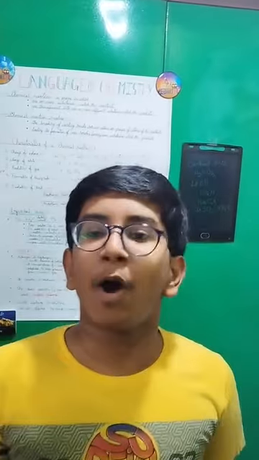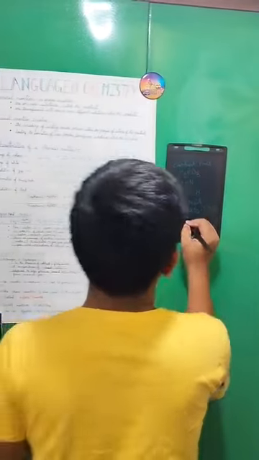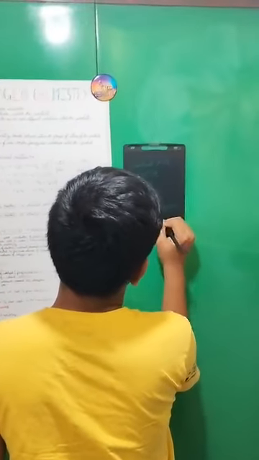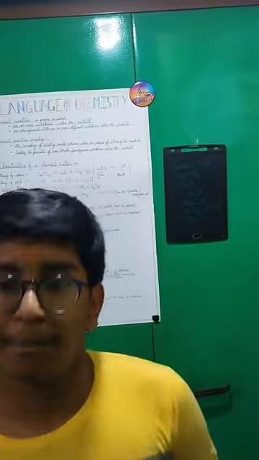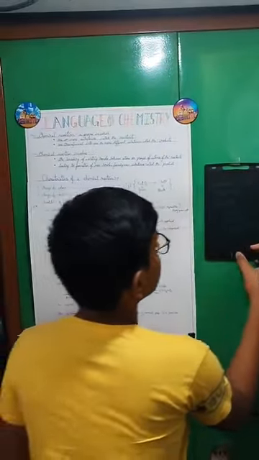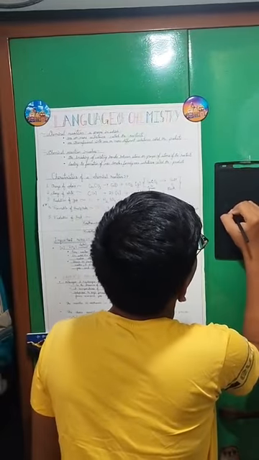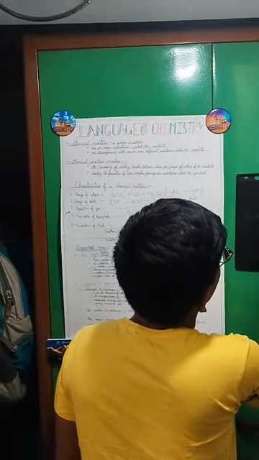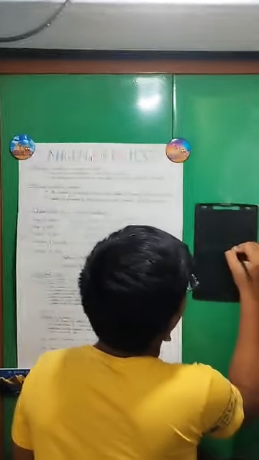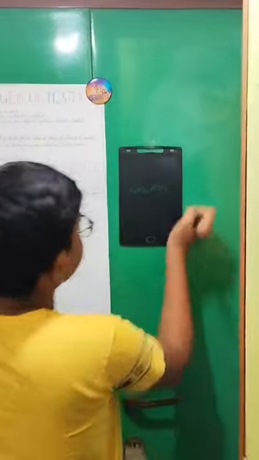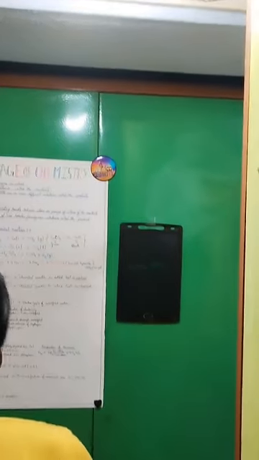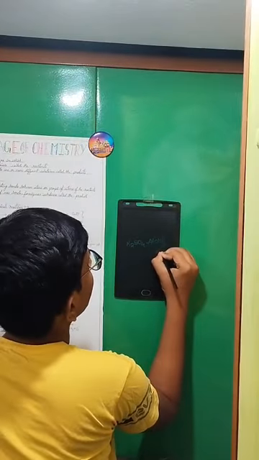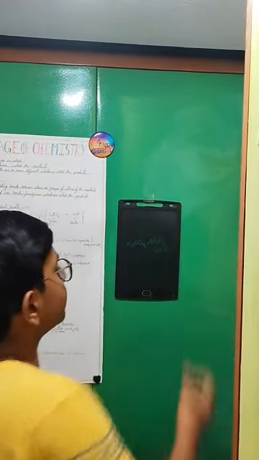Now calcium oxychloride. This is calcium oxychloride. Then potassium alum. This is a very big formula, K2SO4.Al2(SO4)3.24H2O.